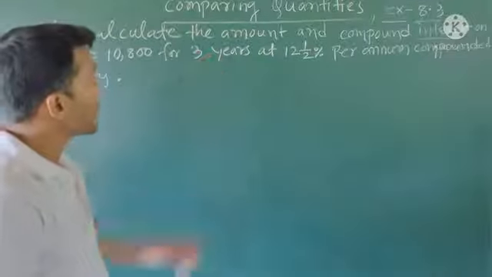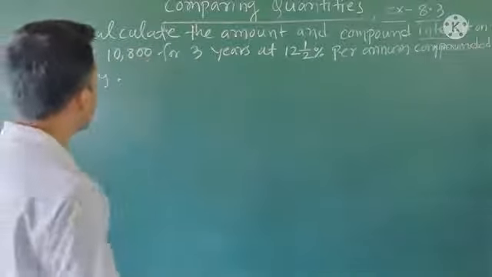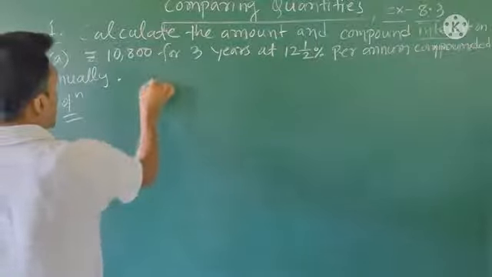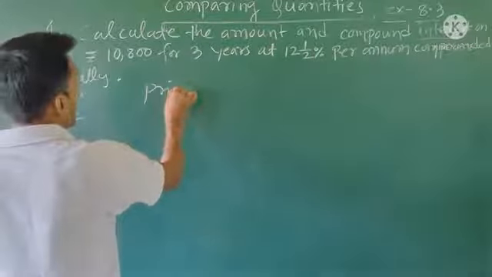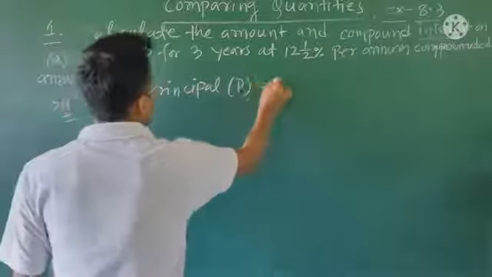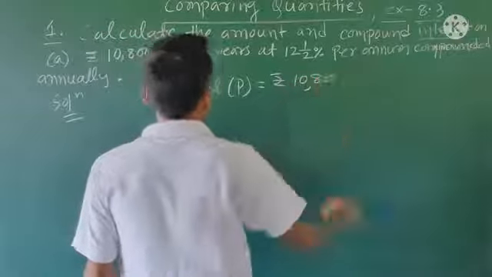Calculate the amount and compound interest on how much? Rupees 10,800. So the principal here is rupees 10,800.